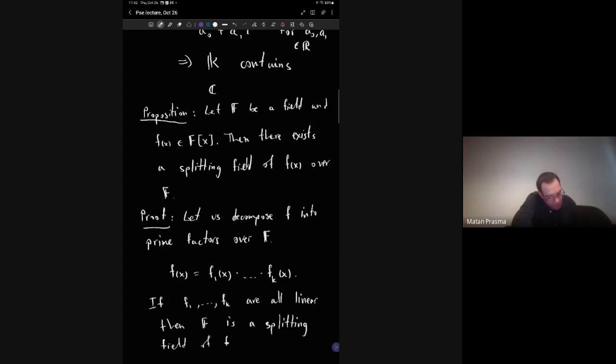Of f, right? It is a field in which f splits into linear factors, and it is the minimal field containing F, because of course you cannot do anything smaller.